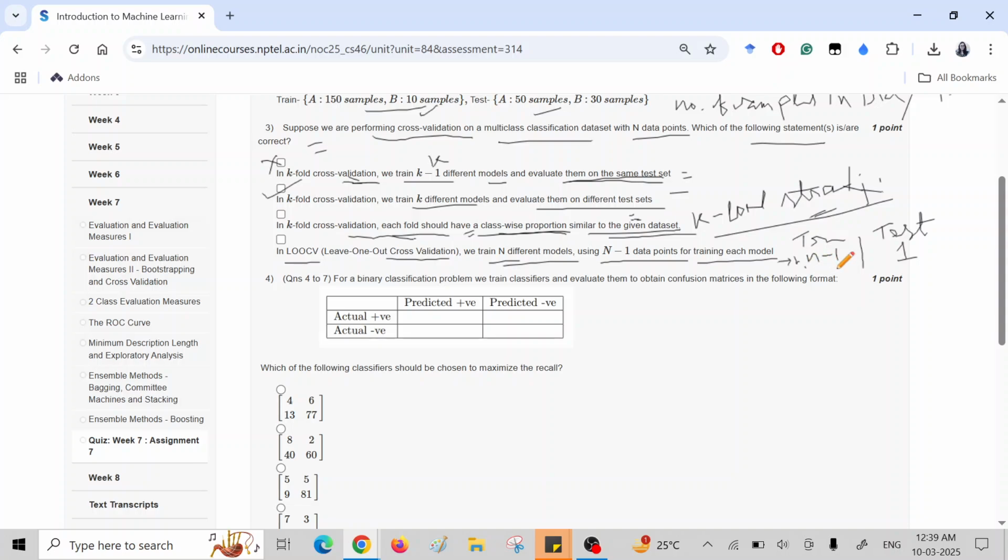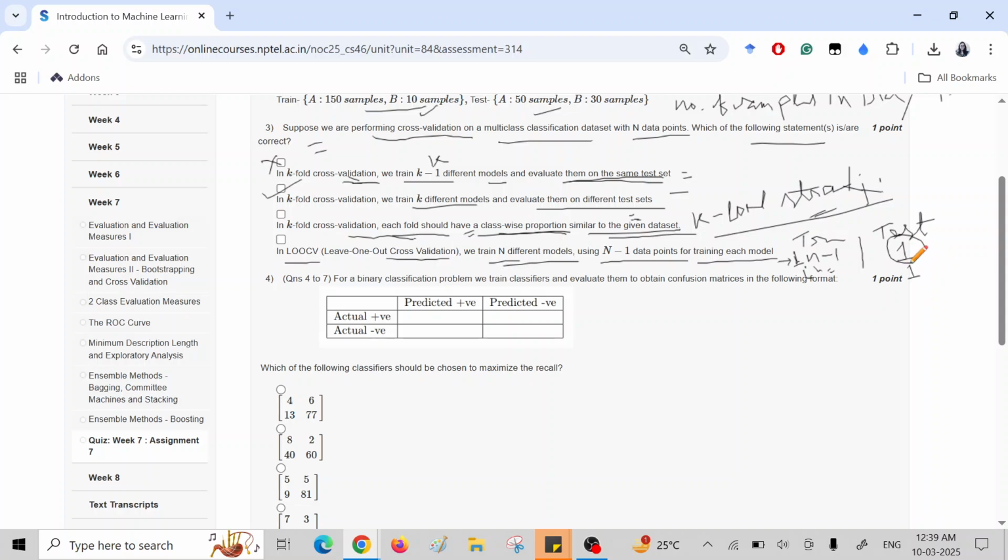For the second model, we again take n minus 1 training samples, but whatever we left out for test in the first iteration will be included in the training set of the second iteration, and one other sample will be left out for the test.